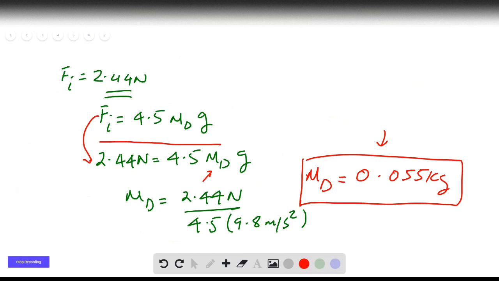Remember, we're given the mass of B as 0.748 kilograms.